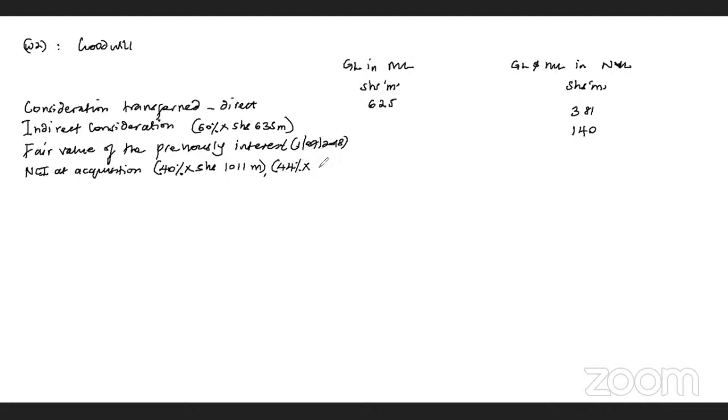Times 595 millions. So 40% of 1,011 M gives us 404.4. Then 4% of 561.8 millions.